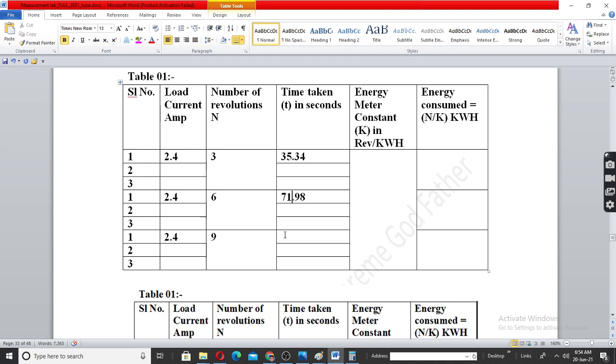For 9 revolutions it will be triple, 3 times 35, say 106 point something. So this is how it happens. You take readings, then switch on one more lamp. The reading may become around 3.2 with 4 lamps now. The earlier reading was for three lamps; this is for the fourth lamp. So 3.2.